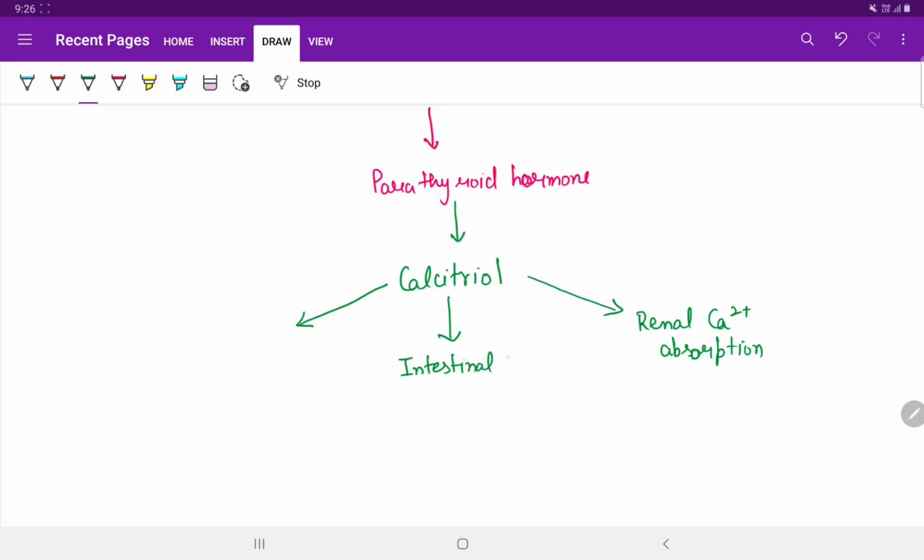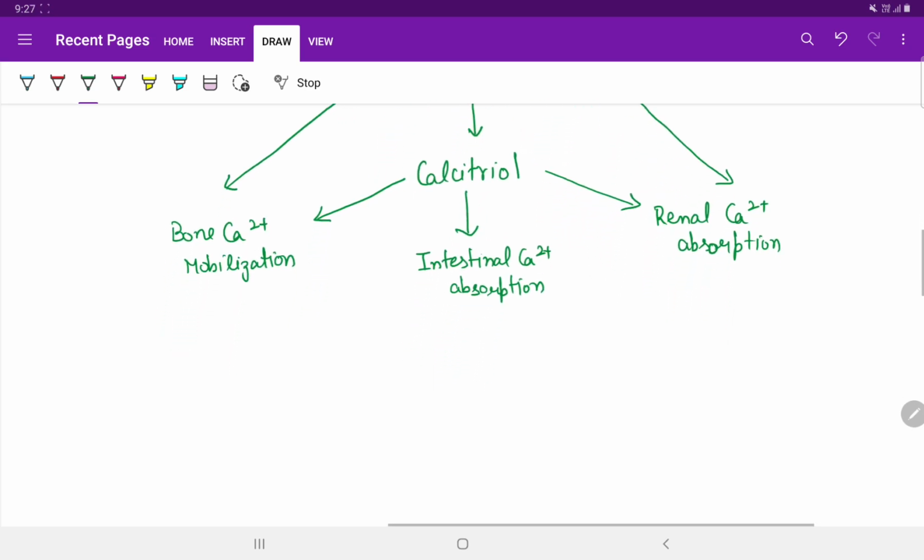So from every part of the body the calcium is absorbed in presence of calcitriol, and then leads to the bone calcium mobilization or calcification process. This bone calcium mobilization also occurs from the parathyroid hormone, and the renal absorption is also initiated by the parathyroid hormone.